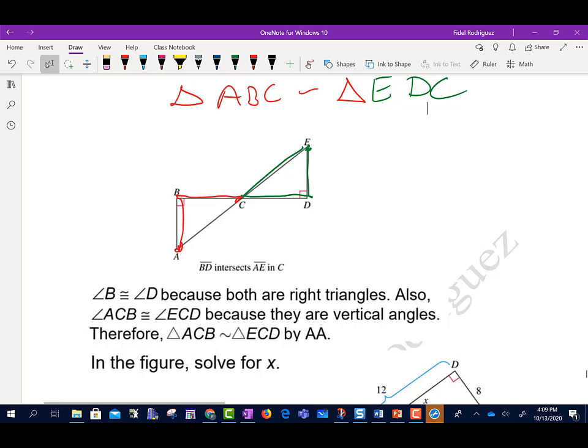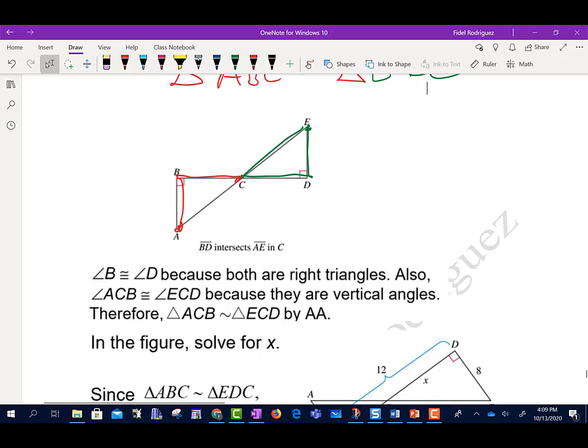And it says angle B and angle D, because they're both right angles. And also angle ACB and angle ECD, because they're vertical angles. So triangle ACB is similar to triangle ECD by the angle-angle theorem.